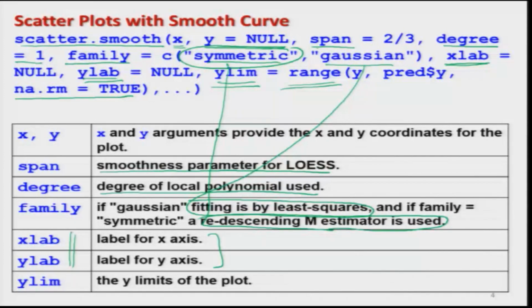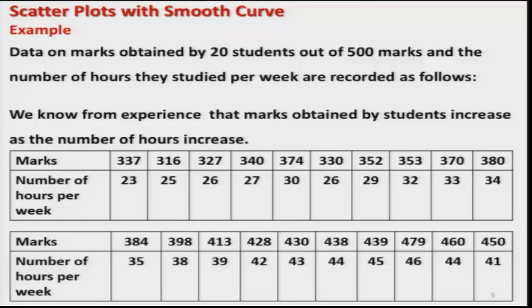Now I will take an example and show you how to plot such graphics. I am going to consider the same example which I discussed in the last lecture, where we obtained the data on the marks obtained by the students out of 500 and the number of hours they studied in a week.